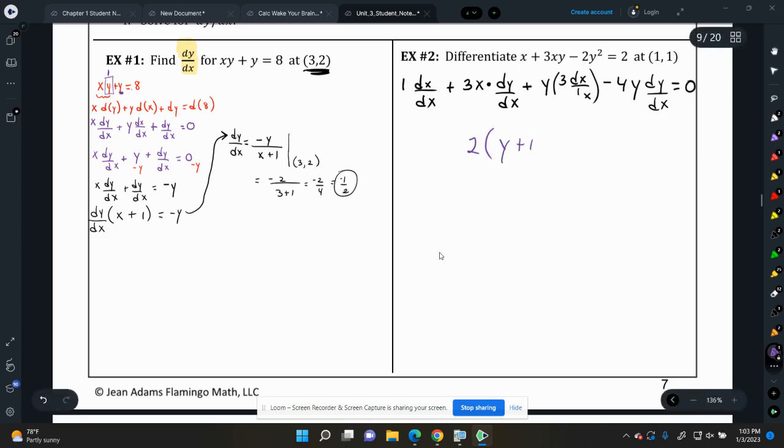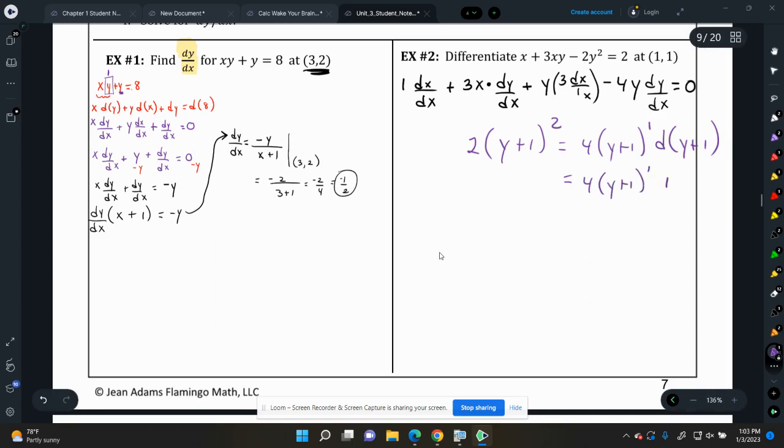If it was 2 times y plus 1 squared, right? So if we were doing that, it would be 4 times y plus 1 to the first times the derivative of y plus 1, right? But the derivative of y plus 1 is just 1.